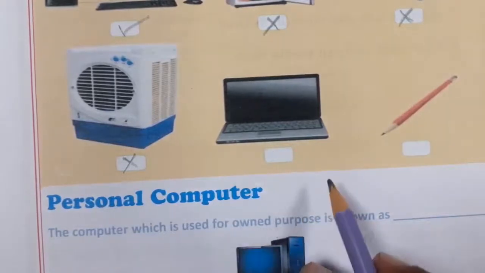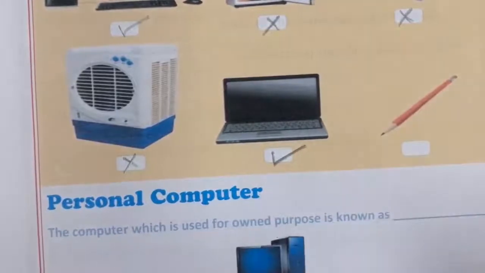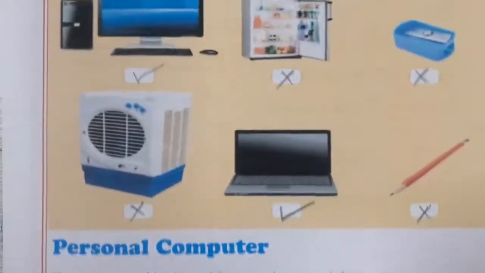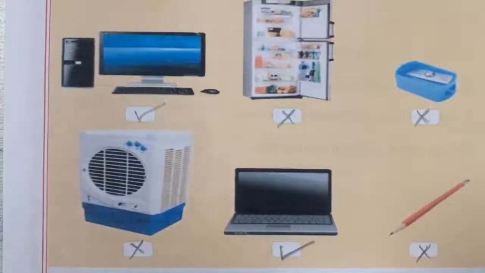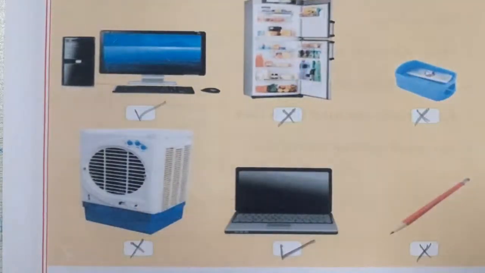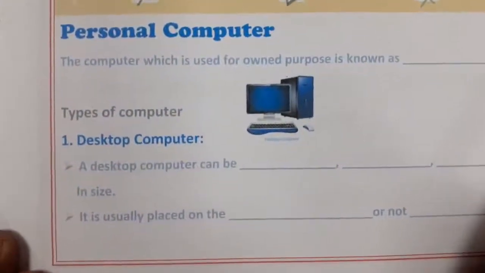This is a laptop type computer. So you tick here. It is a computer. This picture is a computer? No. It is a pencil. So you make a cross here. In this way you can sort which is the computer. This one and this one are the only computers, and these are machines or different things.